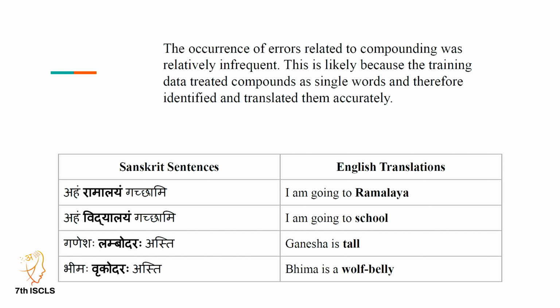So Ramalaya was identified as a single word, but nevertheless it wasn't translated as such. Aham Vidyalayam Gachami. Vidyalaya was mapped to school. Ganeshaha Lambodaraha Asti. It said Ganesha is tall, which is wrong. It should have been Ganesha is fat-bellied. And Bhimaha Vrukodaraha Asti was accurately translated as Bhima is wolf-bellied.